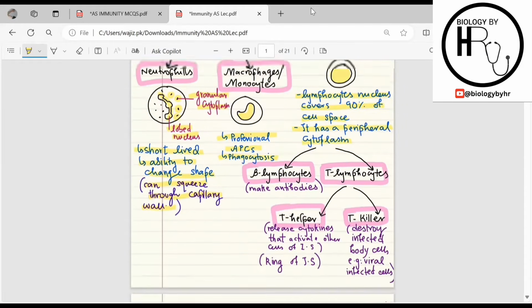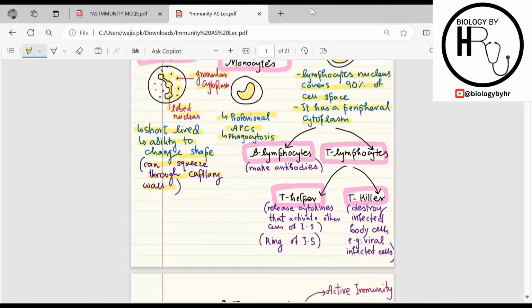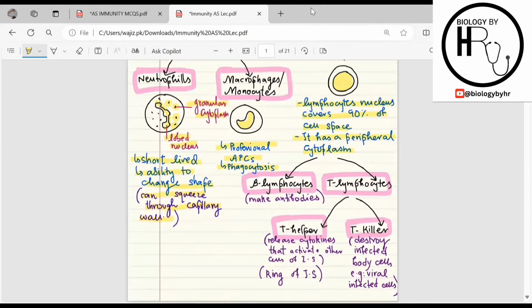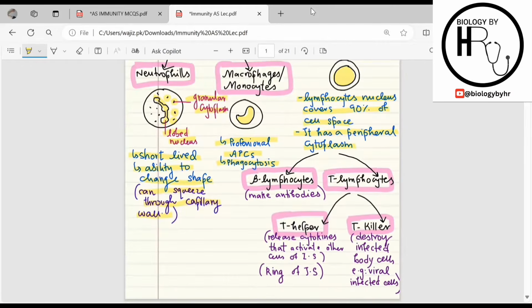Now, if I talk about the classification of lymphocytes, the B lymphocytes and the T lymphocytes, it is very important and very high yield for the MCQs to realize that the B lymphocytes are the cells which make the antibodies. We are going to discuss it further as well.